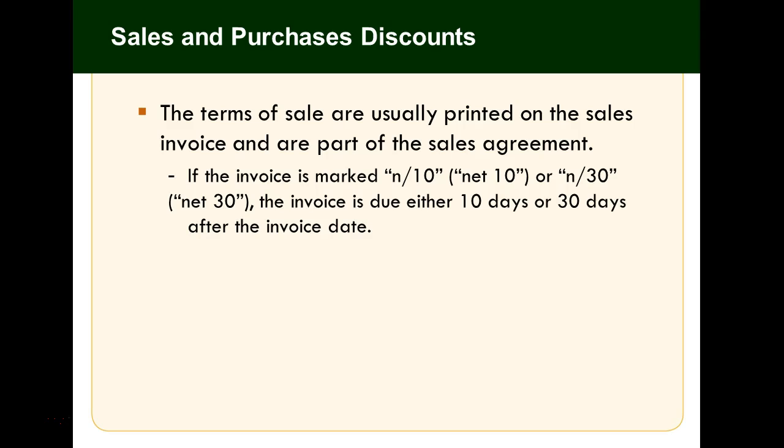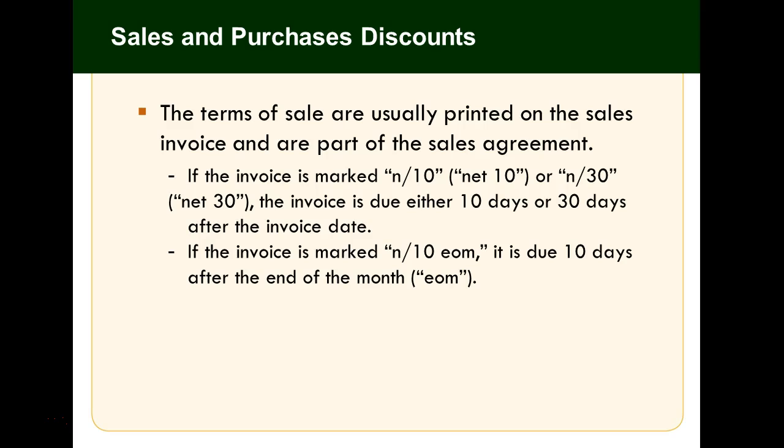Or if it says net 30, that means the amount is due within 30 days. Invoices can be due 10 or 30 days after the date of the invoice. If the invoice is marked n/10 EOM, it's due 10 days after the end of the month. EOM, end of month.